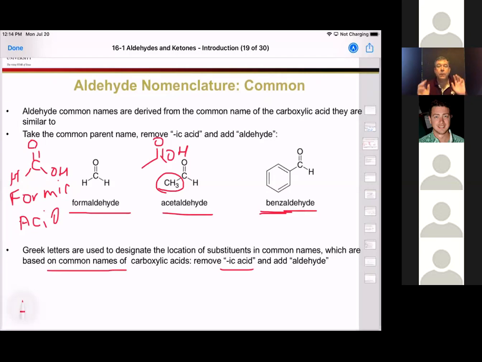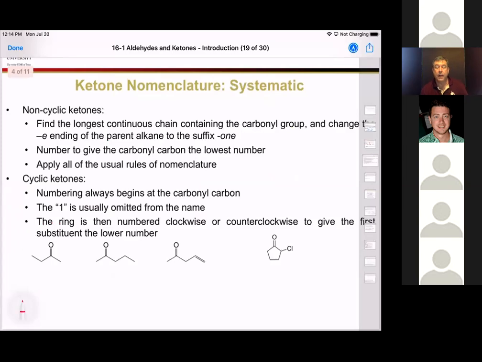Okay, so that's naming aldehydes in both the IUPAC name, which is always right, and then the common names. These three common names in particular are going to be used quite a bit in just talking through class and in some of the reactions we're going to run. So make sure you know at least these three common names for aldehydes. Okay. So if there are no questions on aldehydes, let's go to the ketones.